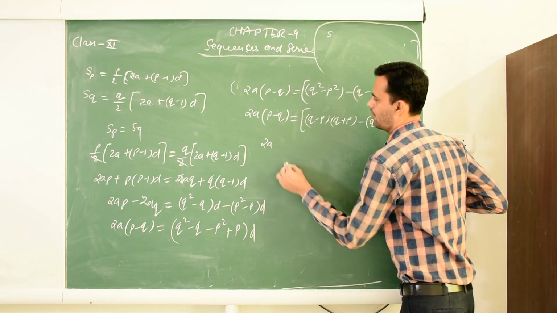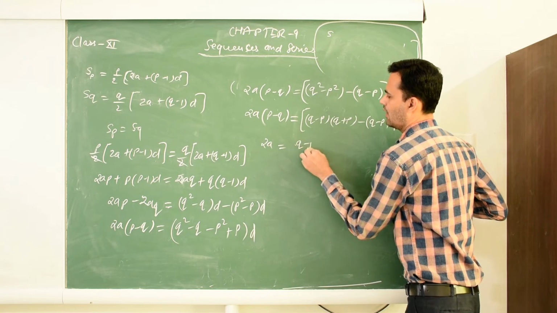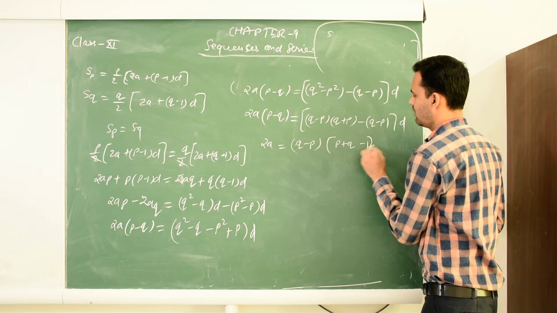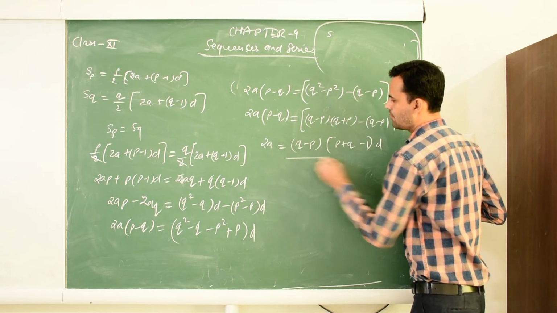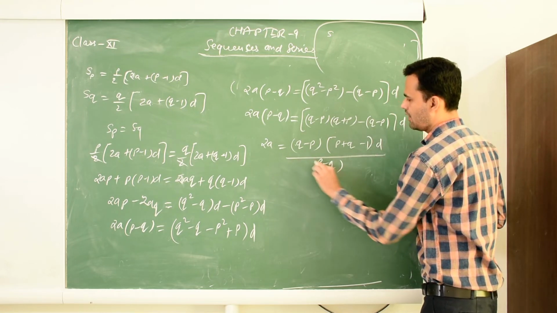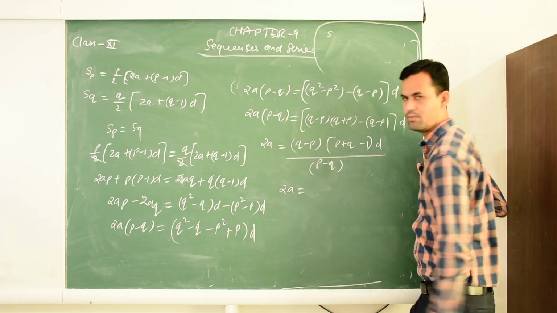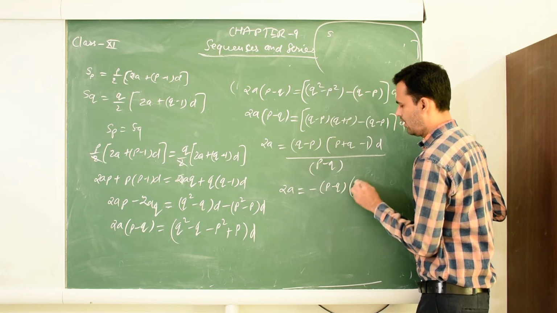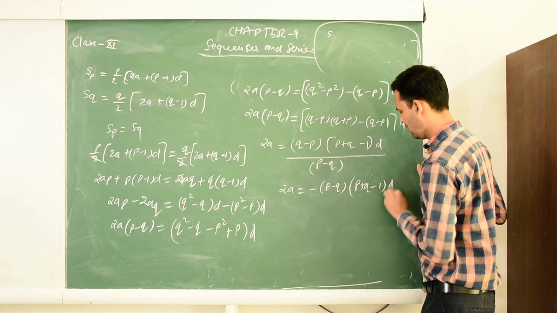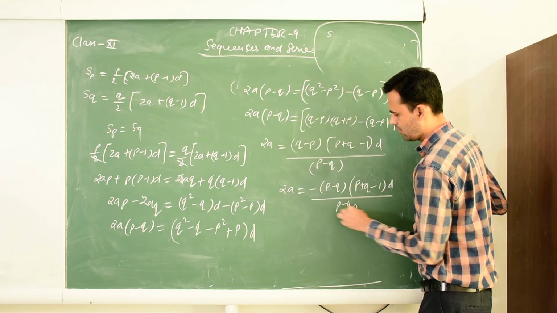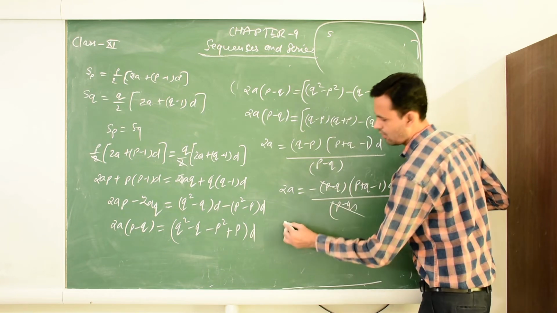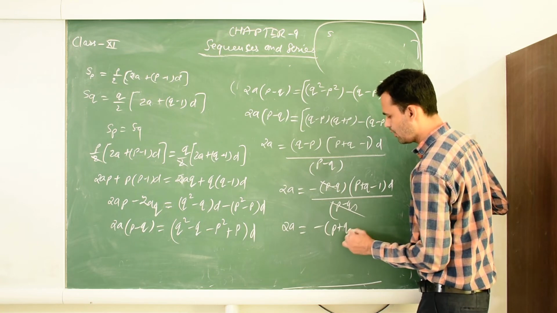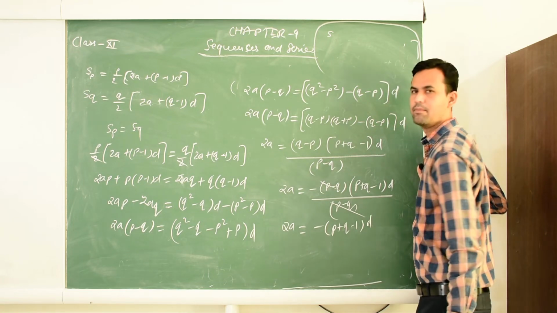So 2a equals (Q minus P) common, so we get (P plus Q minus 1) into d upon (P minus Q). So 2a equals, if we take minus common, we get (P minus Q) and (P plus Q minus 1) d upon (P minus Q); P minus Q cancels. So the value of 2a is minus (P plus Q minus 1) into d.